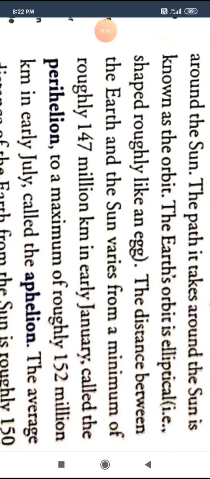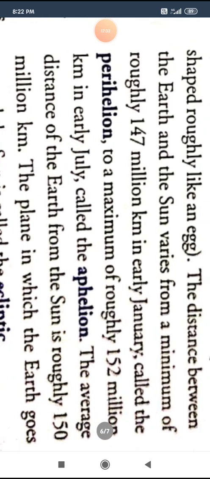But the maximum distance is 152 million kilometers. It is in the month of July, and this is called aphelion. So the minimum distance is called perihelion, and the maximum distance of earth and sun is called aphelion.